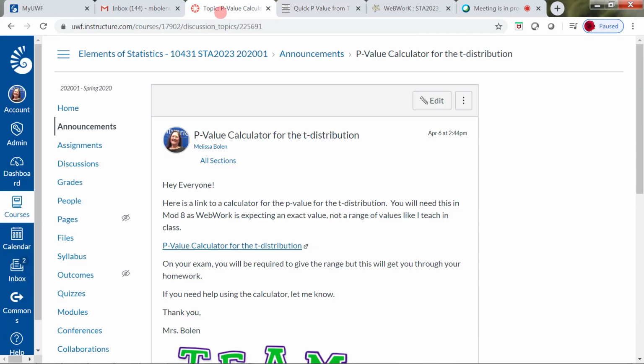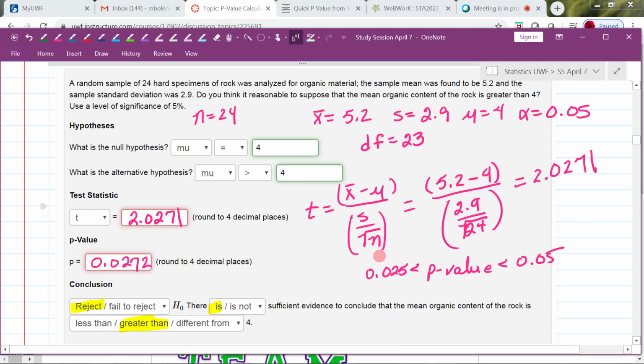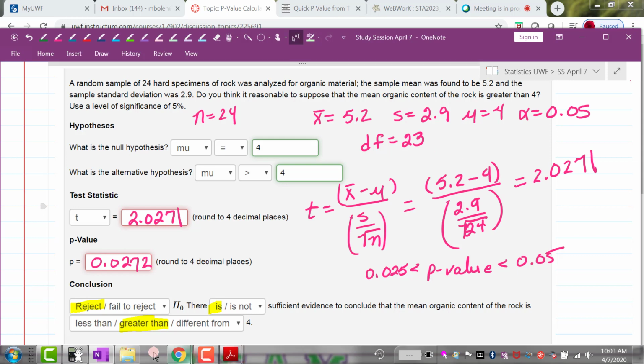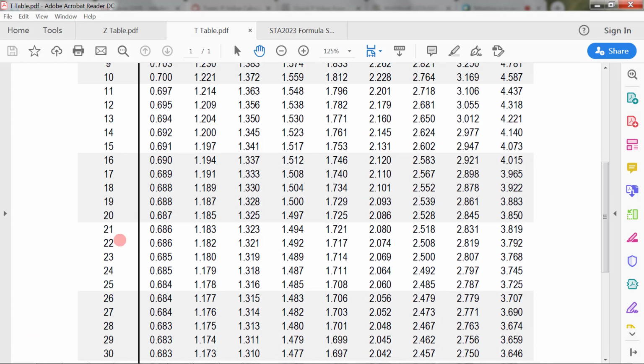In reference to this statement right here, you have to look at your test statistic and the degrees of freedom, and you come into your t-table under that many degrees of freedom and you find the boundary.